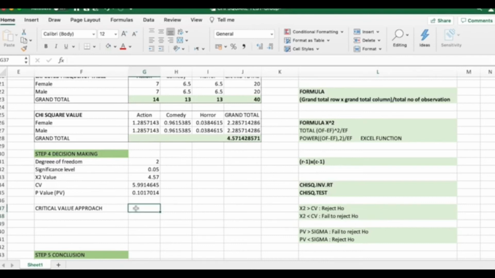So here, the CV that we have calculated is 5.99, whilst our chi-square value is 4.57, which is much smaller. So, since the chi-square value is smaller than our critical value, we fail to reject H0.